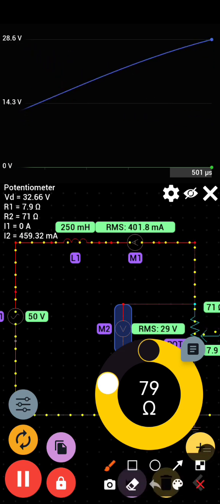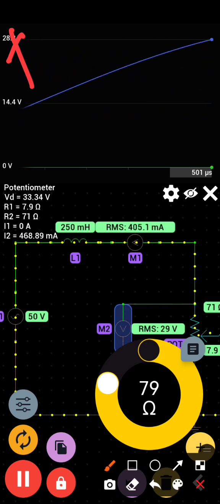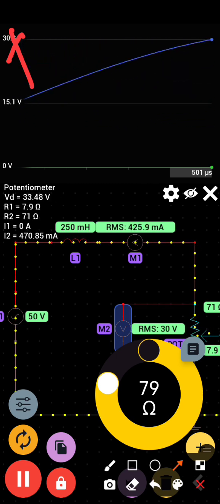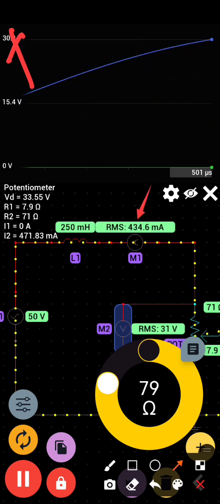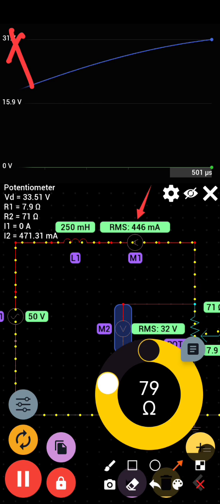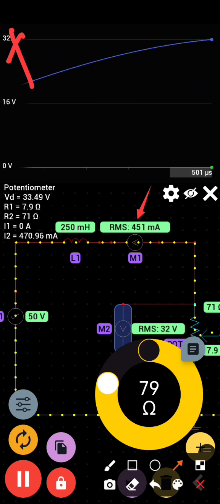So there is a nice improvement in voltage there, getting about 32. And another thing, the current can still go up to around 500 milliamps. So you are looking at about 15 watts.